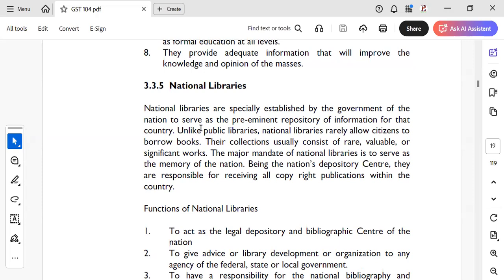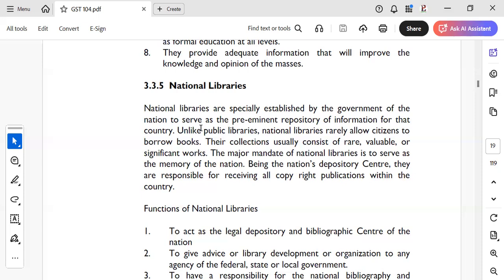The last one we'll talk about, which is the 5th one, is now the national libraries. What are national libraries? They are specially established by the government of the nation to serve as the preeminent repository of information for that country. Unlike public libraries, national libraries rarely allow citizens to borrow books.